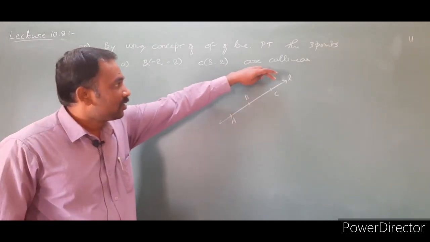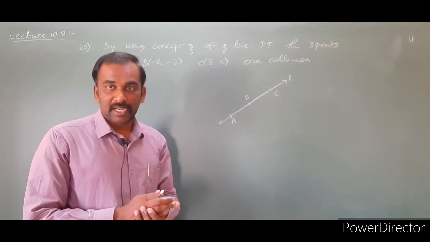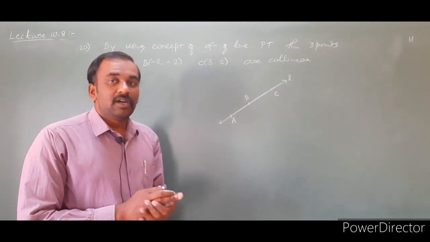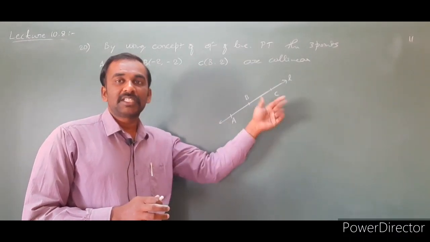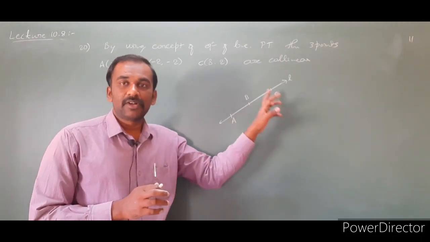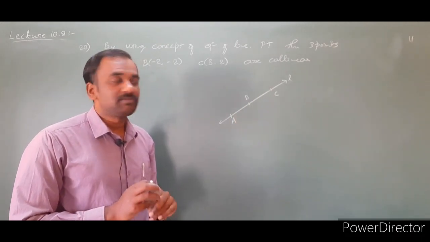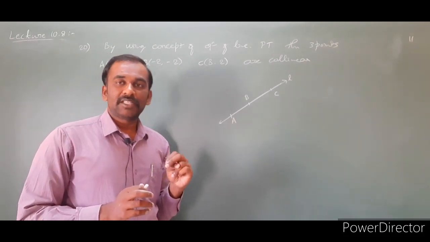We already know that on the line there are infinitely many points. Each and every point must satisfy the equation of the line. Do you people agree? If you know the 2 points on the line, can you people find the equation of the line?